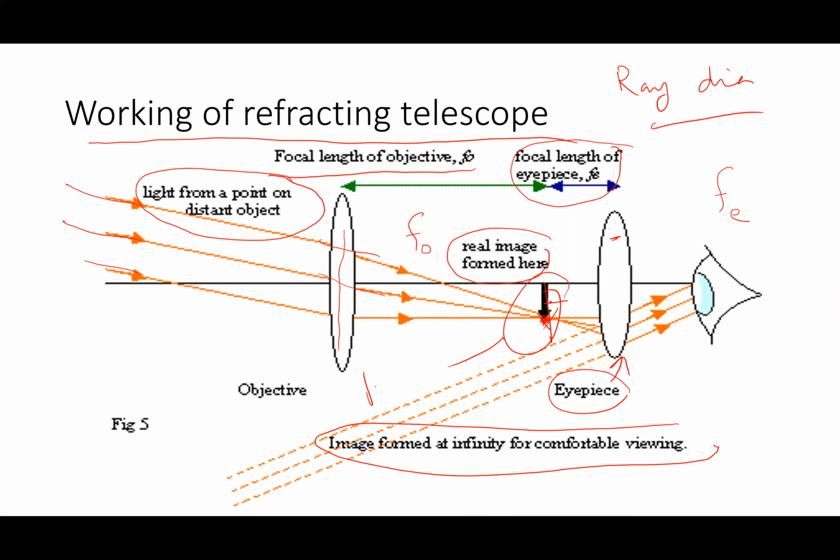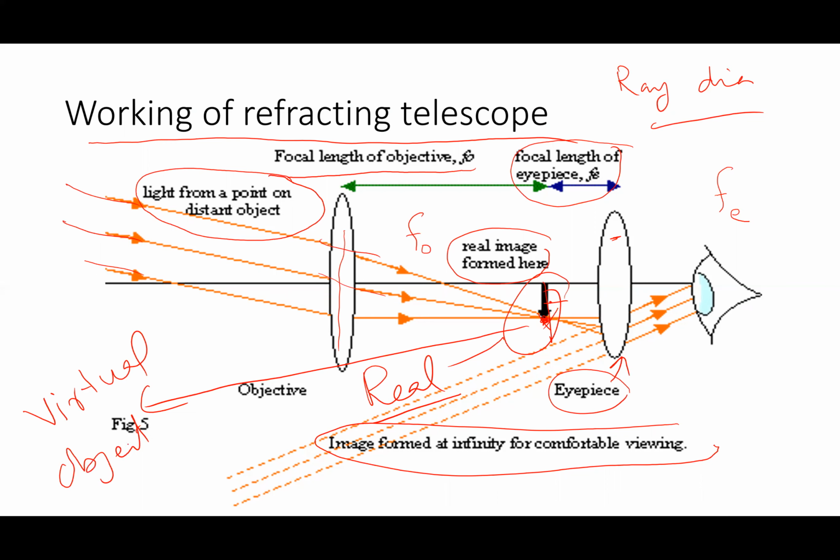This image is real. Now, this image is a virtual object for this lens, for eyepiece. So after this, the image will be formed at infinity.